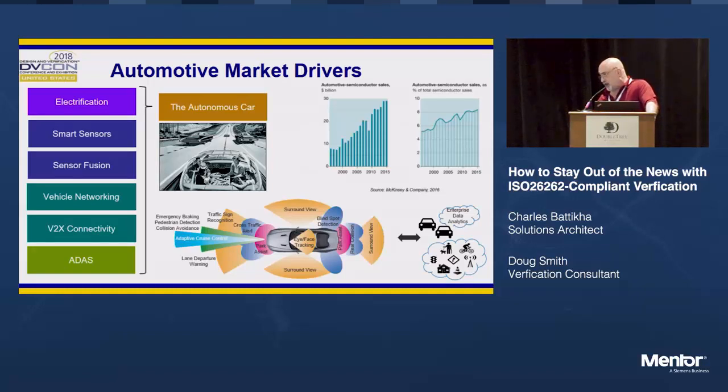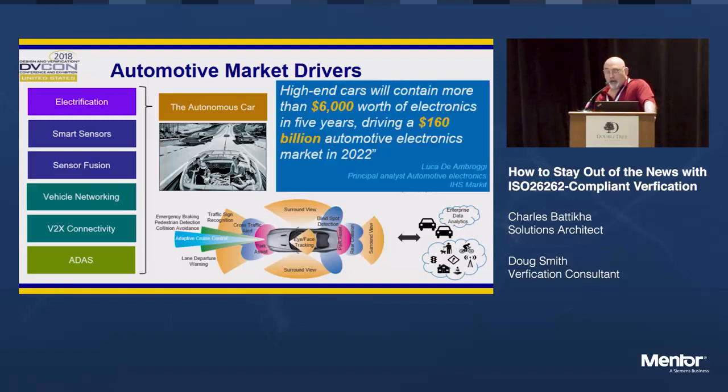And bottom line is why? Why this big, huge influx of interest into the automotive market? Autonomous driving, self-driving cars. Big, huge market change. It's driving a lot more silicon, a lot more complexity, and a lot more value in the car.